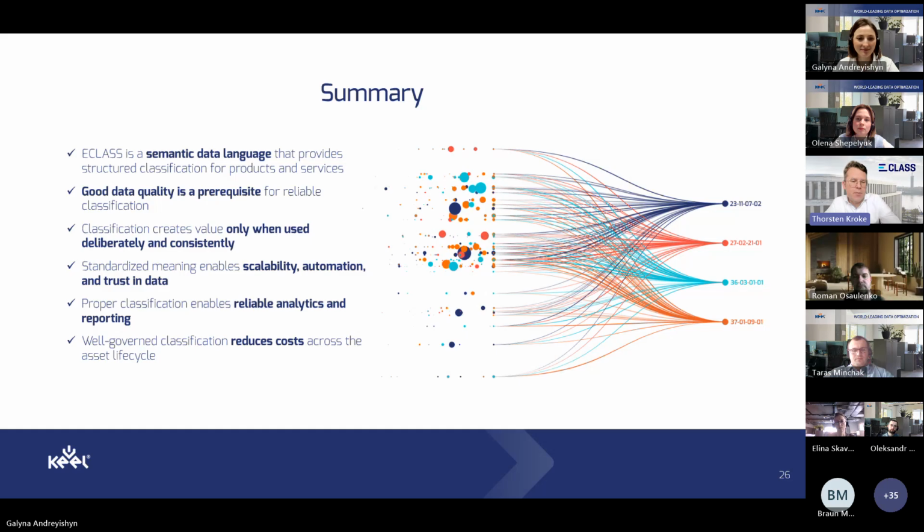We've seen this from Helena in the example with the nut. If there's only the information "nut", the system cannot understand whether it is the food nut or the nut for machines. But if you have more technical data, it is possible. ECLASS is offering an AI-powered search also as an API.